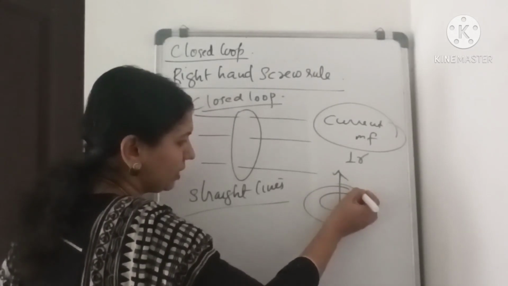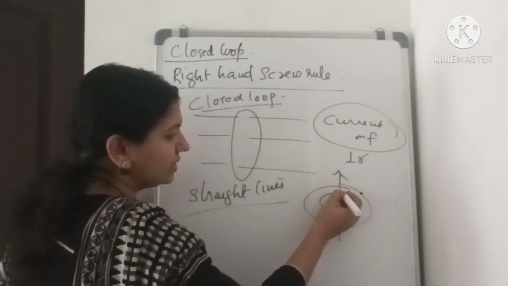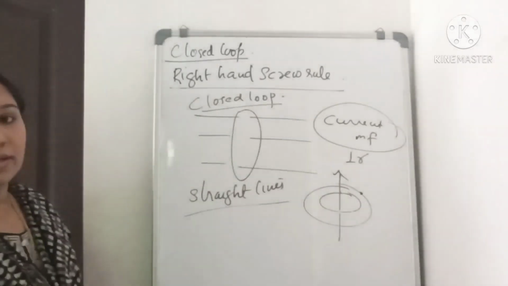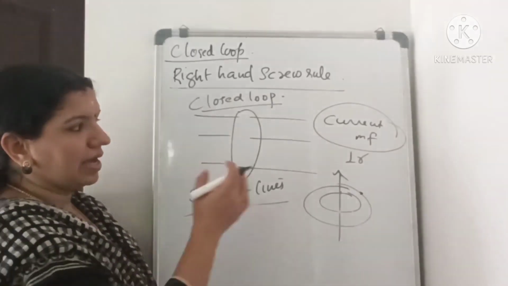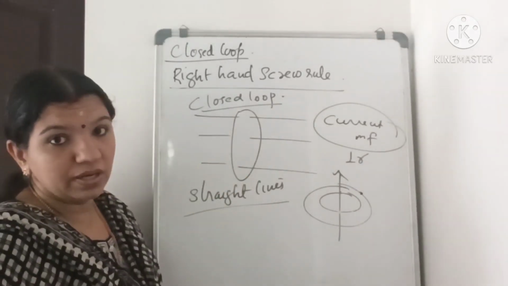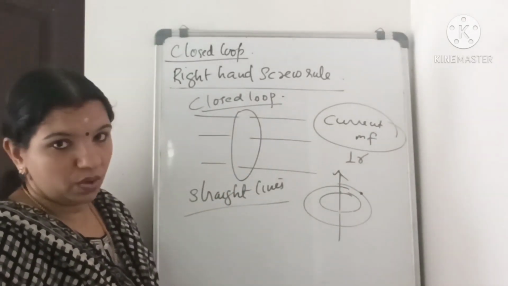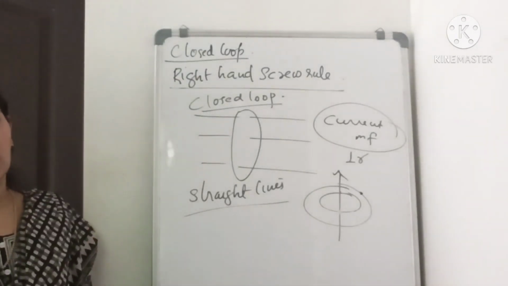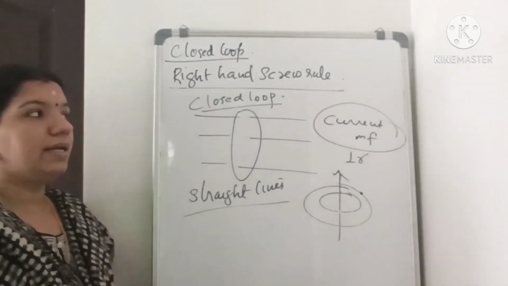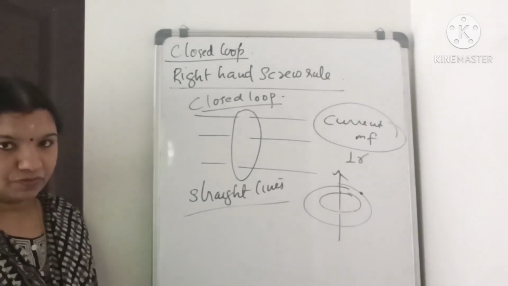So if a particular point is taken, that is perpendicular to the direction of current. So always current and magnetic field are perpendicular to each other. Okay, so these are the basic things that we want to study related to the direction of magnetic field.